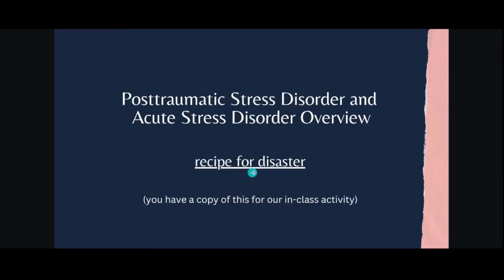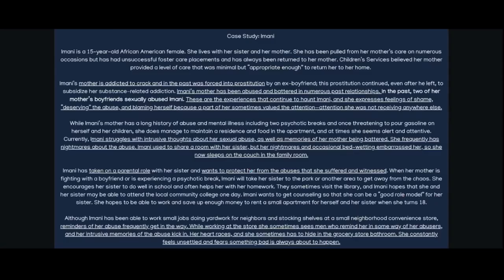Okay, I'm going to go back to the slide. I'm referencing the case study in the CREST textbook, and I've underlined how she meets criteria. This poor girl, she's 15 in the vignette, has witnessed trauma through her mother's addiction and being forced into prostitution.